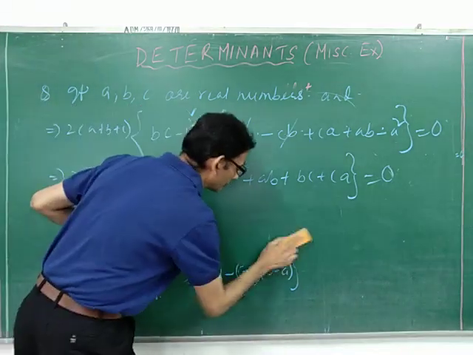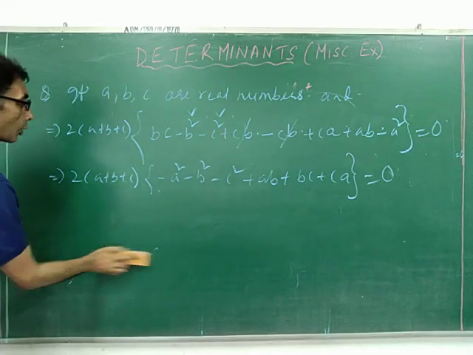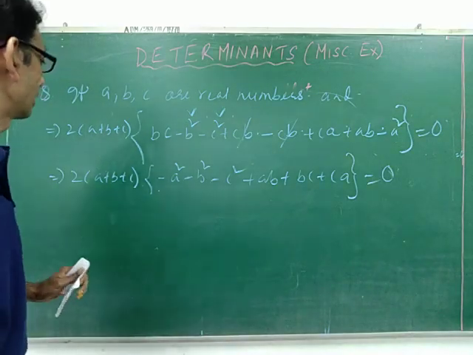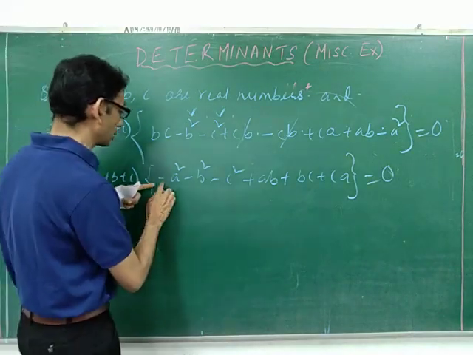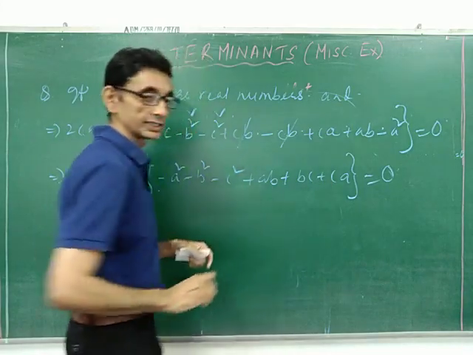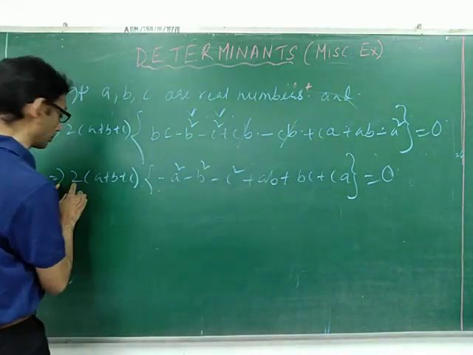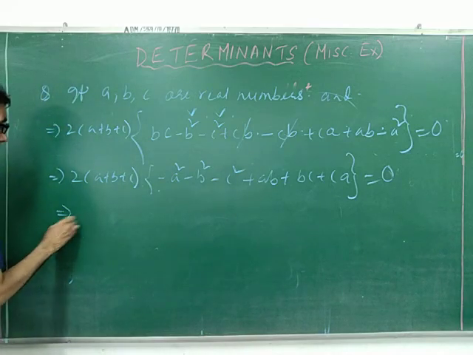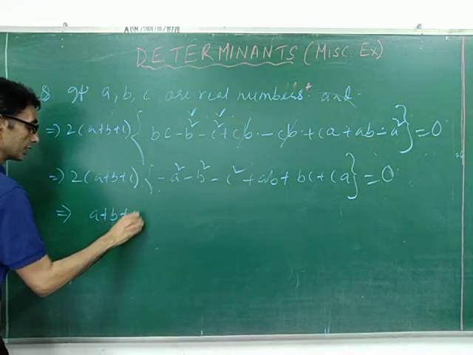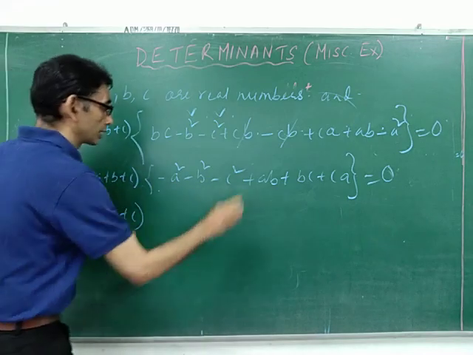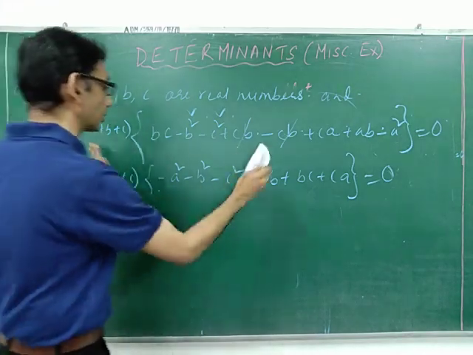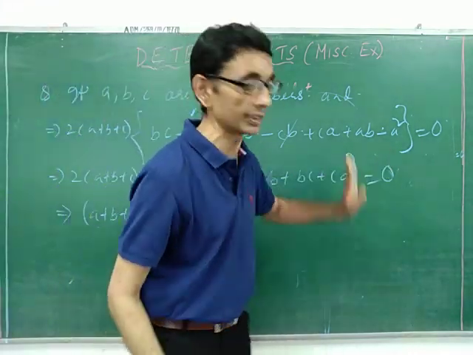What are the next steps to be followed? Okay, what I'm going to do is, we'll multiply this expression with a minus sign as well as we'll multiply by 2. So what is the next step? A + B + C. And if we multiply by minus sign, because on both sides obviously you can multiply by minus sign because the right hand side is 0.